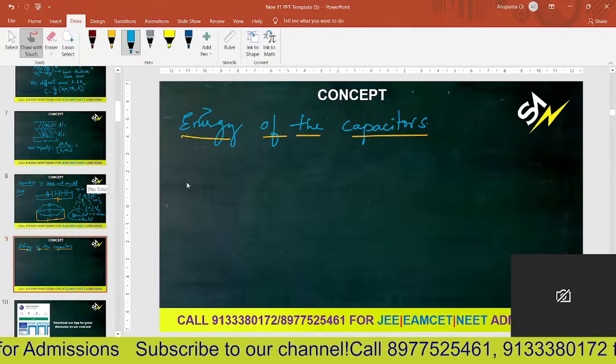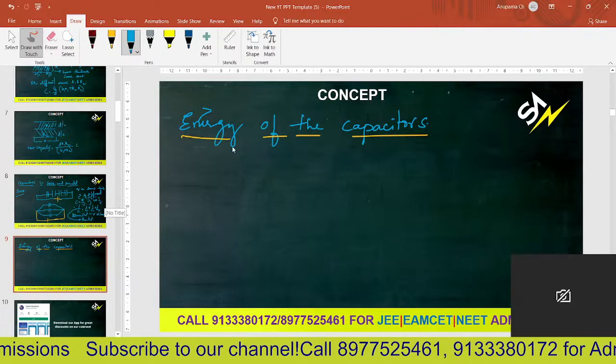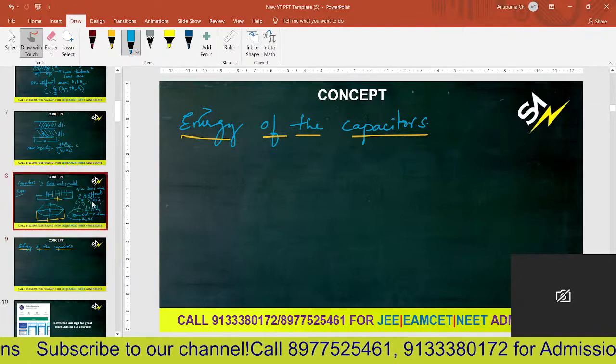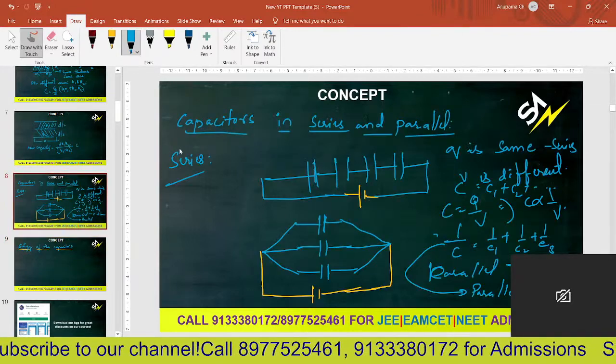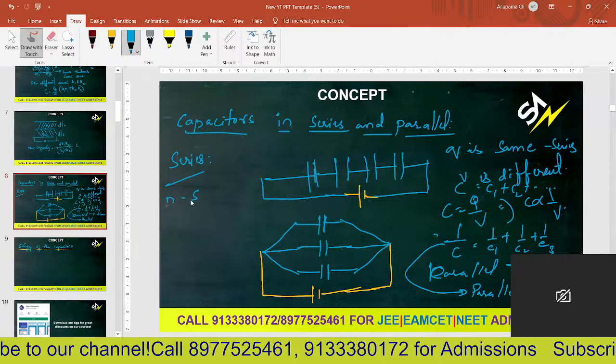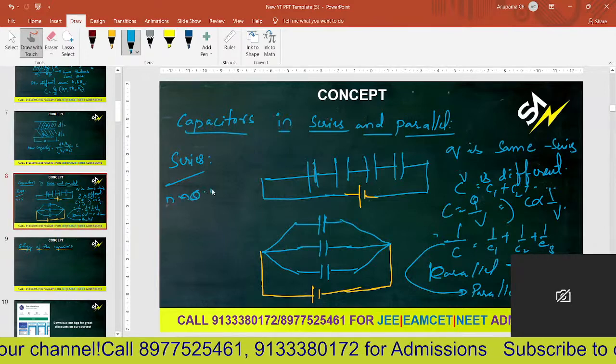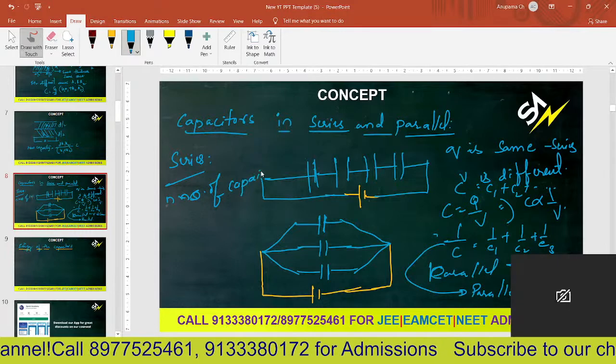Acha, before we go there, we have studied the parallel and the series combination here, right? What happens when n number of capacitors are connected in series?